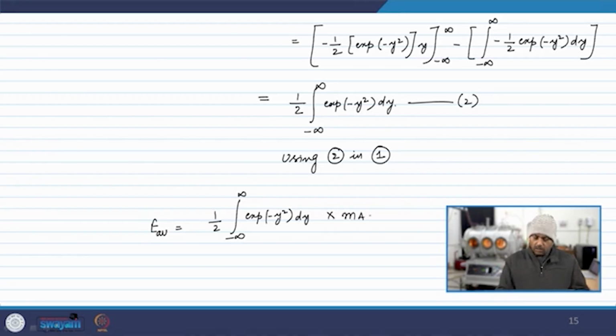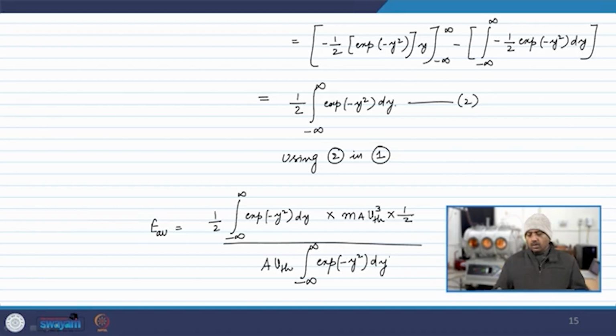multiplied by m a Vth cube times 1 by 2, divided by a Vth, right. Now, we can cancel these two things, and as a result what we are left with is half m a Vth cube divided by a Vth.